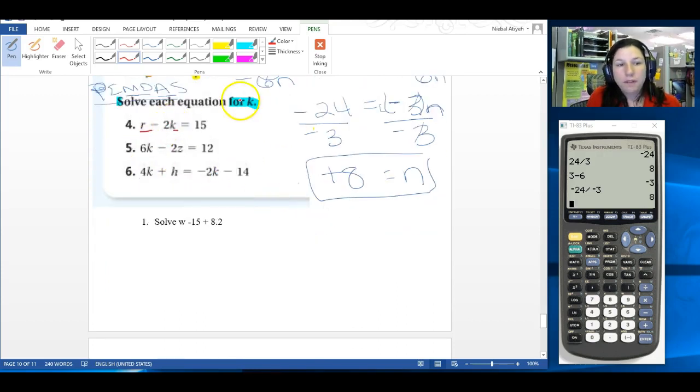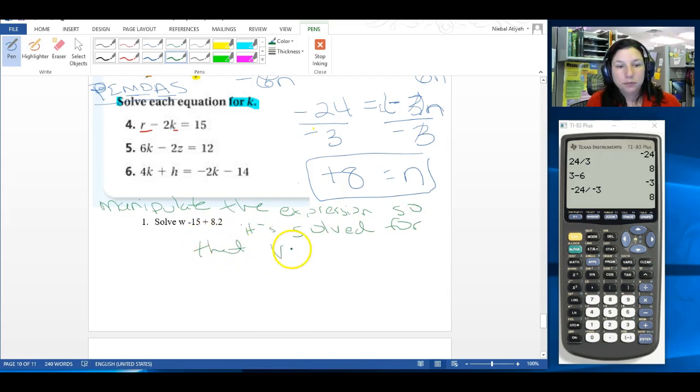So when they say to solve each equation for k, what they're really asking you to do is manipulate or change the expression so it's solved for that variable. What does that mean? They want to get whatever variable they're asking for by itself.